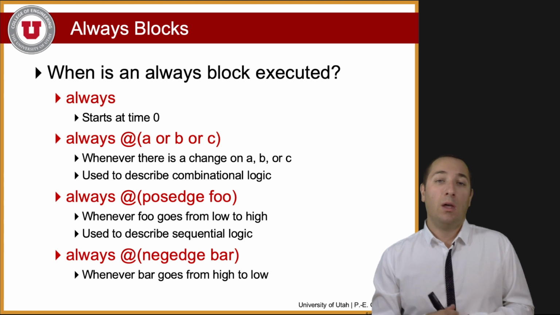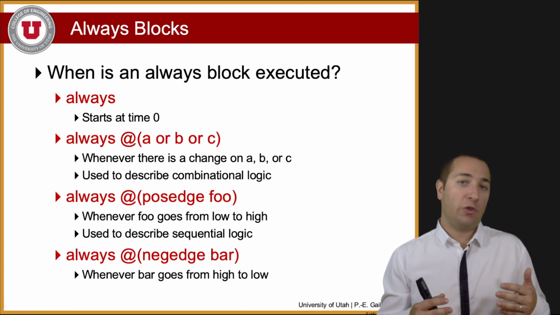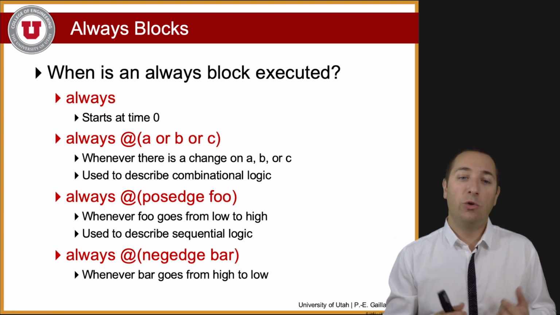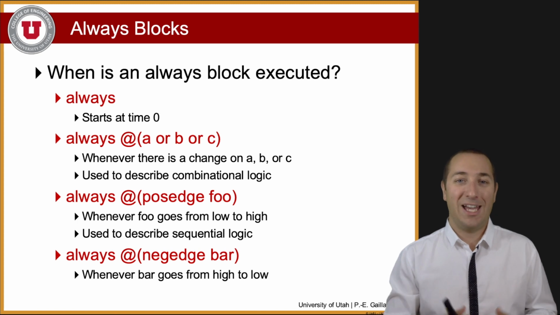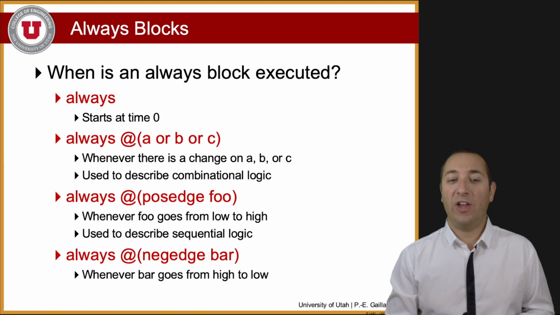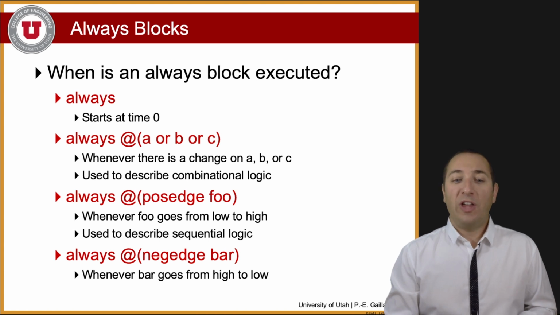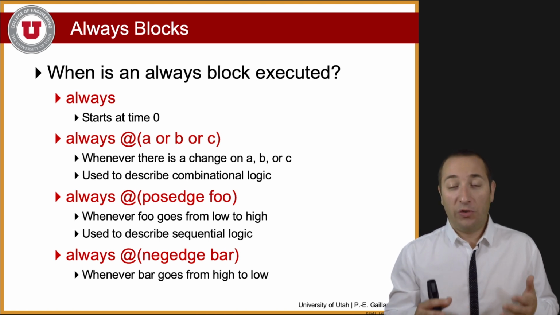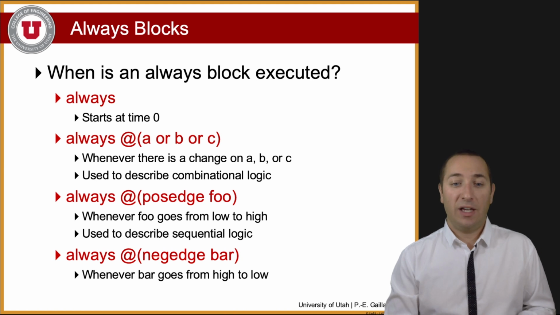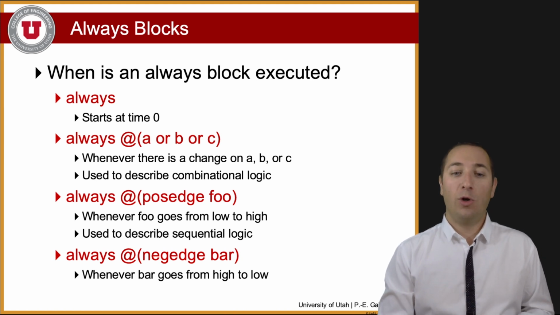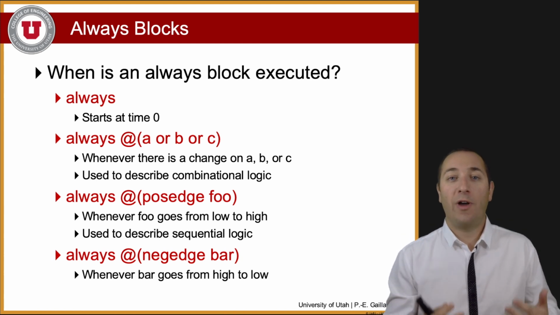All right? In addition to just combinational logic, you can use the keyword posedge or negedge. In that particular case, always at posedge foo, the signal foo is going to be looked at, and as soon as we have a transition from low to high, we're going to evaluate the content.